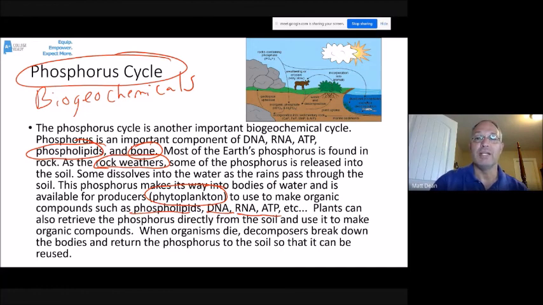It may ultimately end up going back to rock, though. And you can see that happening up here in our phosphorus diagram. Point being, what you need to know about the phosphorus cycle: most phosphorus is stored in rock. It's made available to life through weathering, and then it cycles through living things from plants or algae to animals.